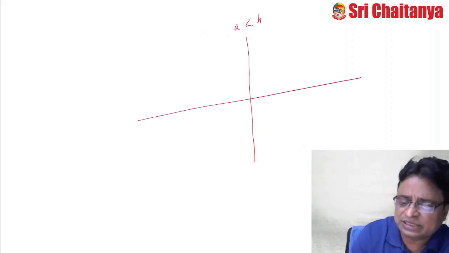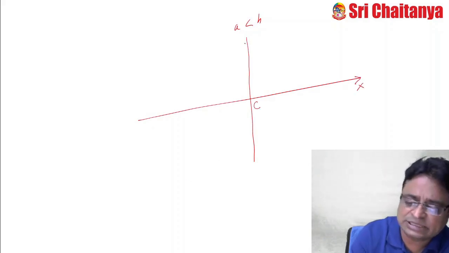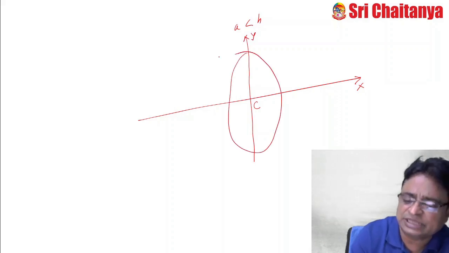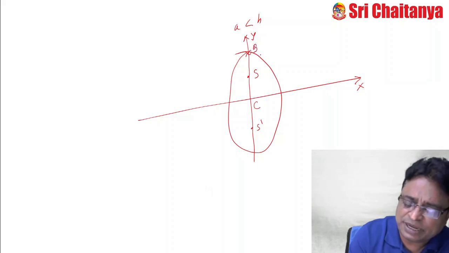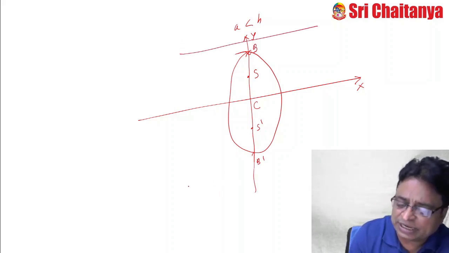Imagine this is the center C, this is my x-axis, and this is my y-axis, and my ellipse is like this. This is my S and this is my S dash. These two are the foci. This is my B and this is my B dash. Now these become the vertices. Of course, here are the directrices, one directrix and another directrix.